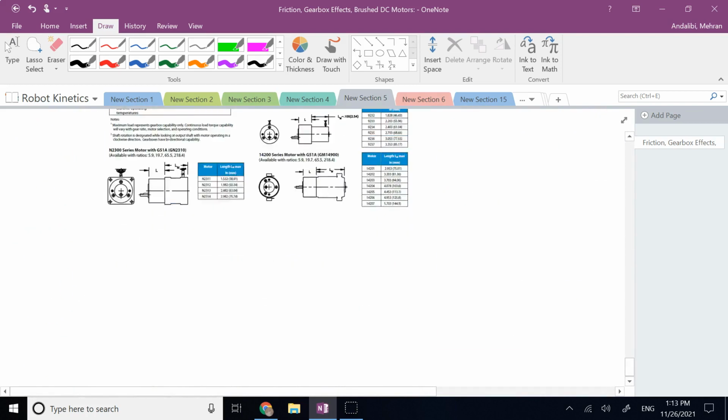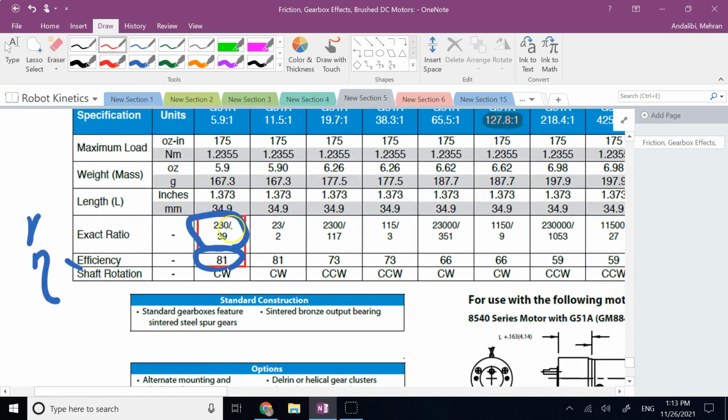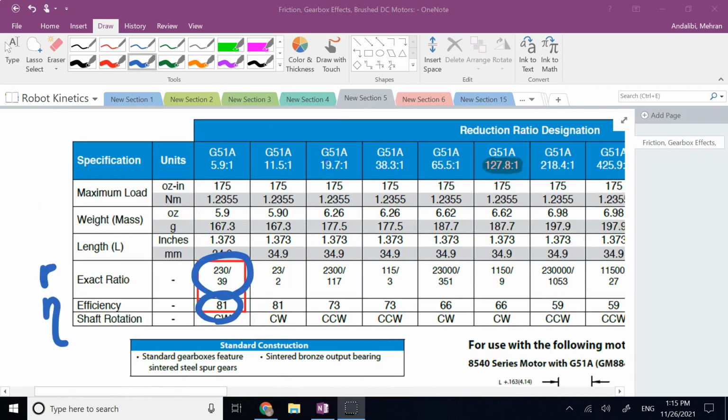And one last thing, if you look at this gearbox, the ratio R here is 230 to 39, or 5.9 to 1. So that's another thing you have to pay attention to: most of the time these R numbers are not really integer numbers like 10 or 20. Most of the time they have fractions.